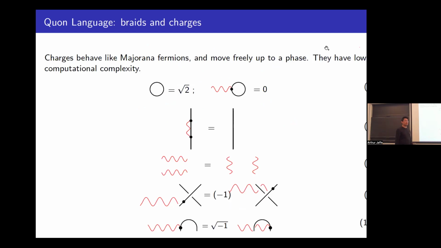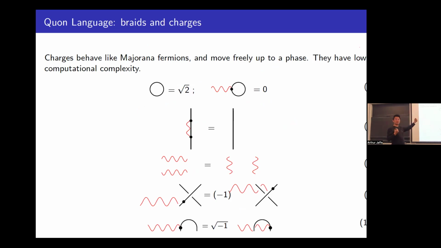Now, once we have those wires, we can consider these wires as a pair of Majorana fermions. And later we will see they are really compatible with the usual study of Majorana fermions. In particular, we have those mathematical relations. A closed circle is square root of 2, that's the quantum dimension. And if it's a charge on a closed circle, that's 0. It's a parity check condition. And if two charges meet each other, they will cancel.